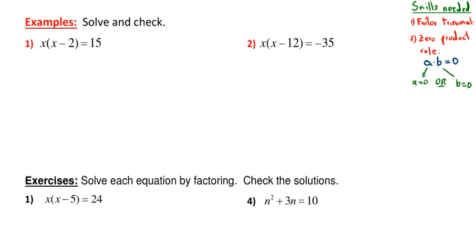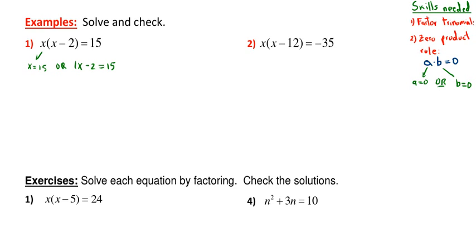One thing that we have to be very careful here is that you cannot say that because the multiplication of these two quantities is equal to 15, then x must be equal to 15, or x minus 2 had to be equal to 15.